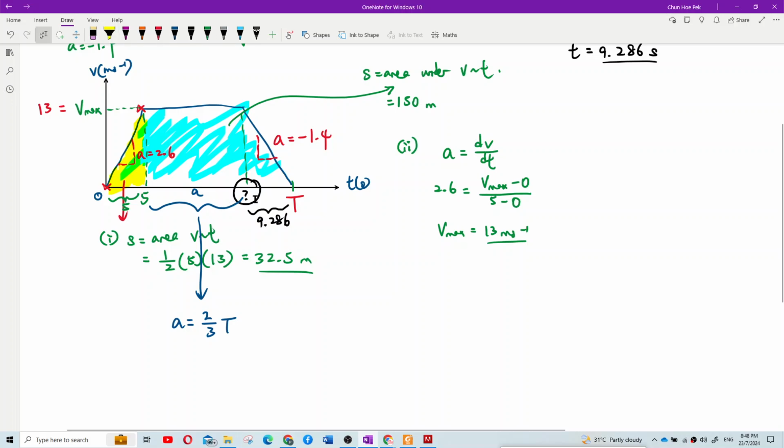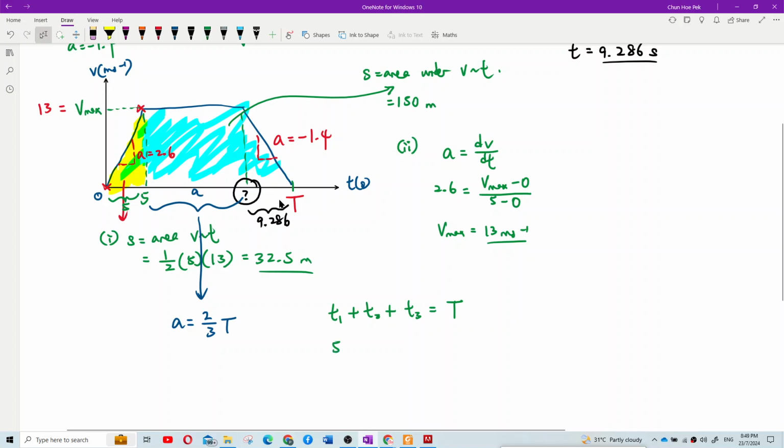So you definitely can find the time here. So T1 plus T2 plus T3 equal to the total time, because got 3 section, T1, T2, T3.